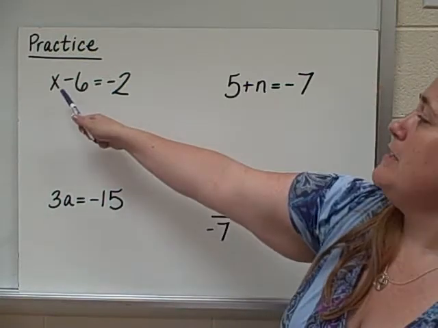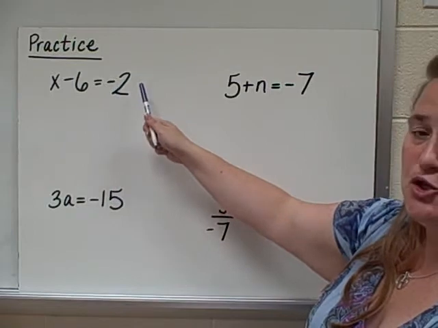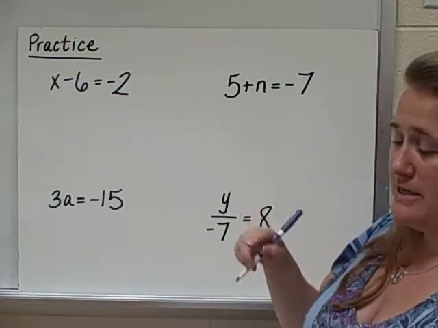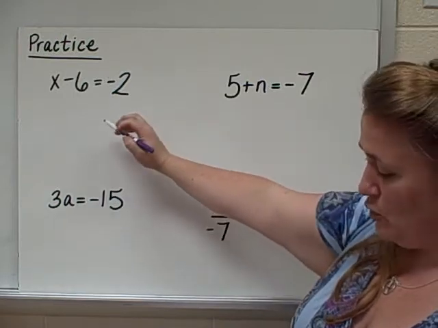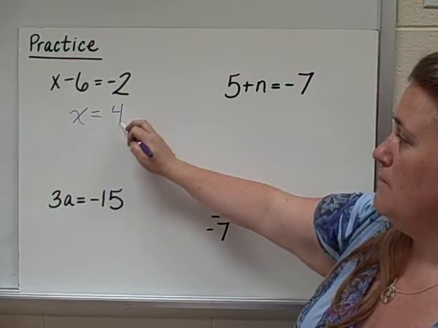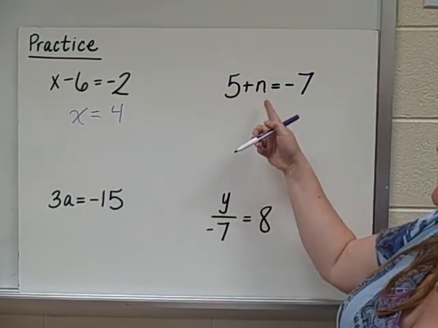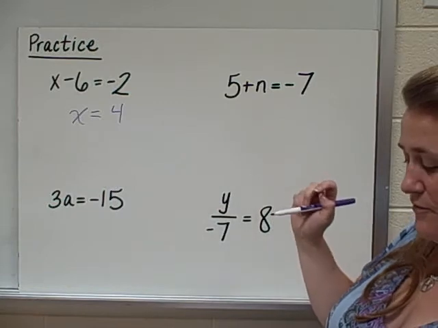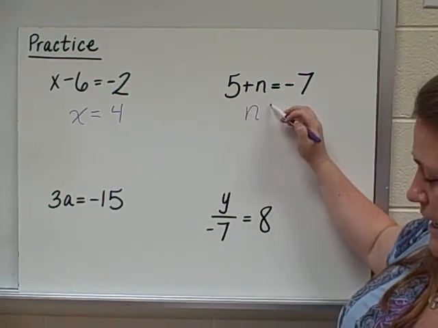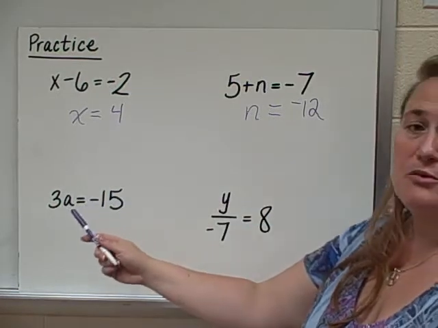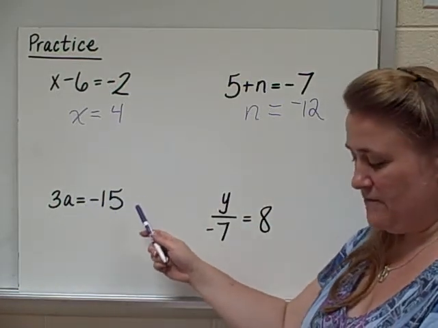So, x - 6 = -2. The inverse of minus 6 is plus 6, so I'm going to get x = 4. 5 + n = -7. I need to subtract 5 from both sides, and I will get n = -12. 3a = -15.